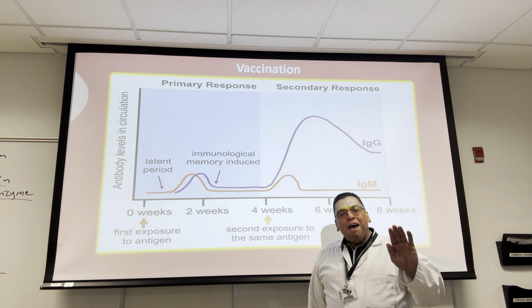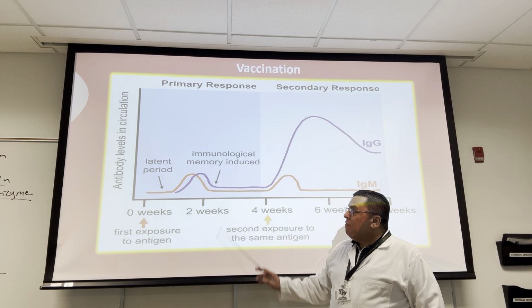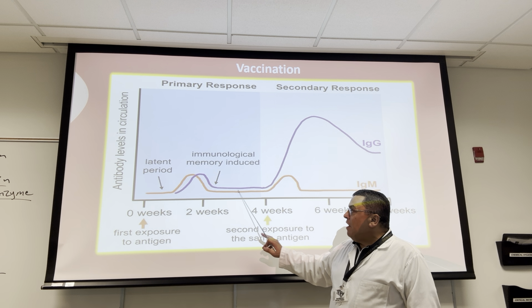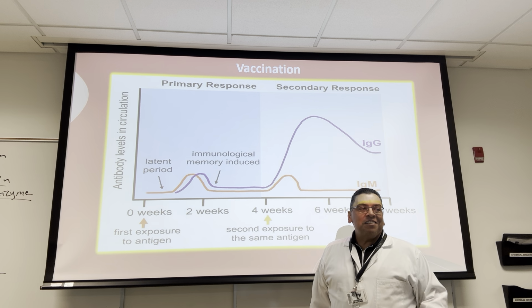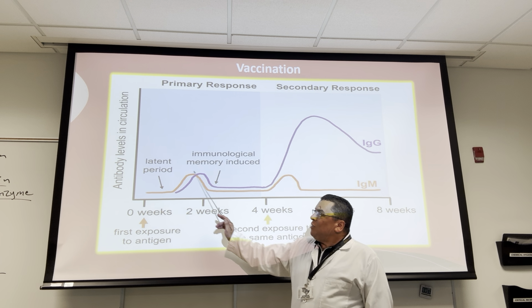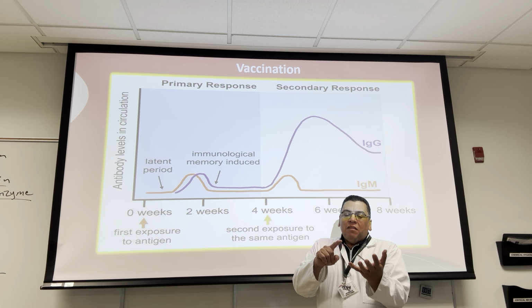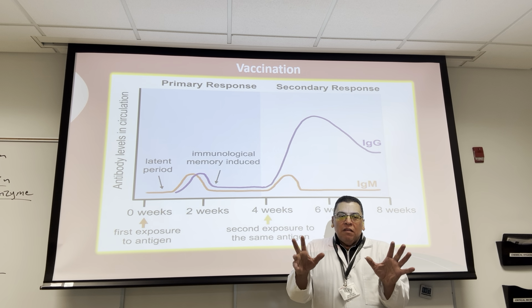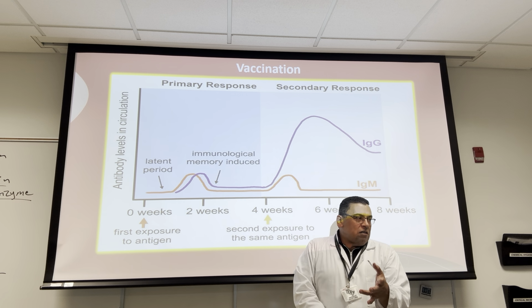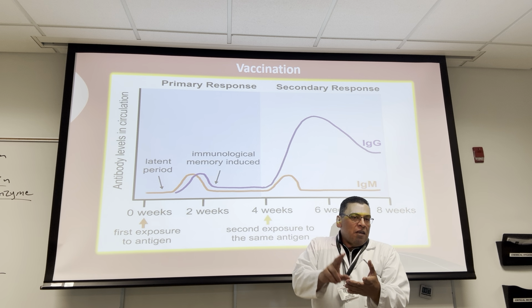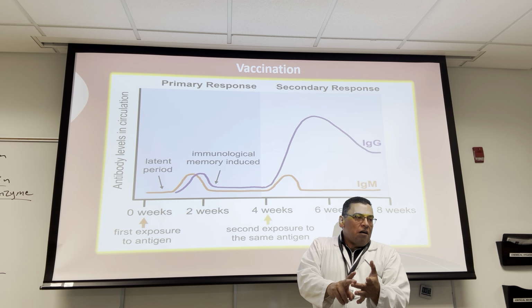What do we have now at the end of this? In this period of time here, what do we have? We have memory cells. Because during this period, you stimulated the T cell, they proliferated, they differentiated into the regulatory T cell, all the different kinds of helper cells, and the memory T cells.